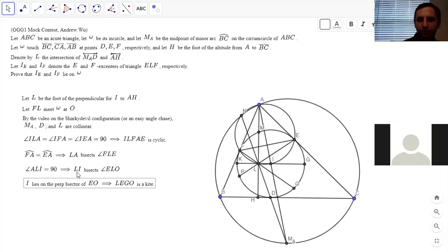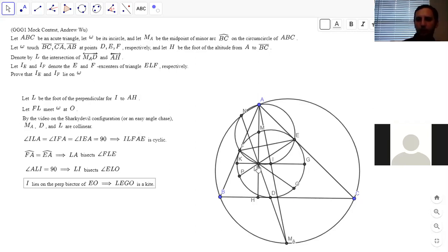Yeah, I guess trying to prove it. Do these two things imply LEGO is a kite? Oh, because by side angle side, LIE is congruent to LIO. So yeah.